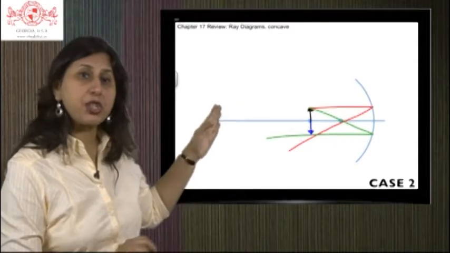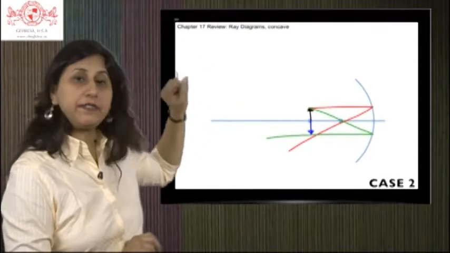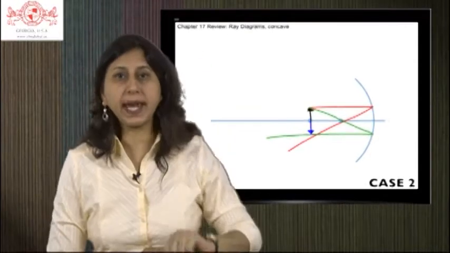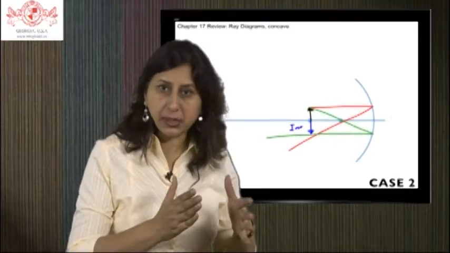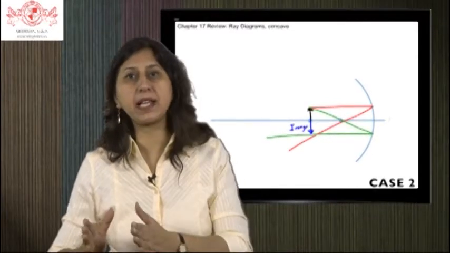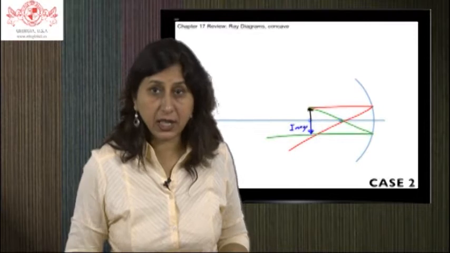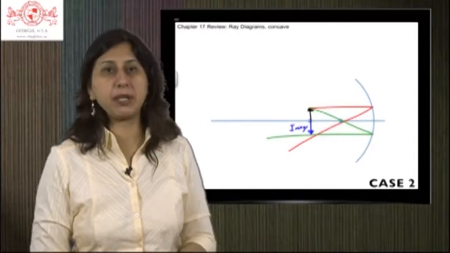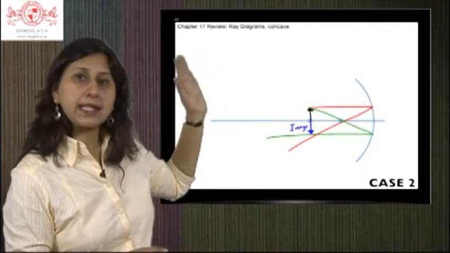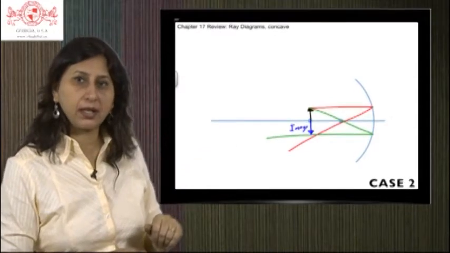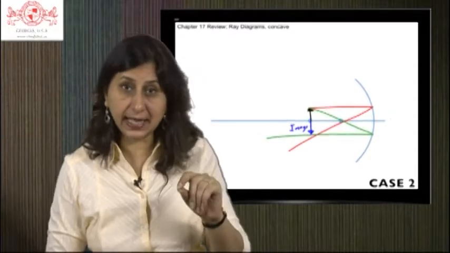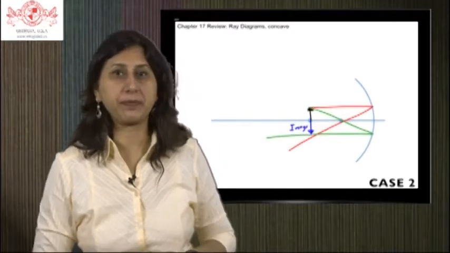We get the image where these two rays converge. Now what we get in this case is that the image is the exact same size as the object. It is inverted, which makes it a real image. It is located at the same position as the object. So it is located at C, the center of curvature.